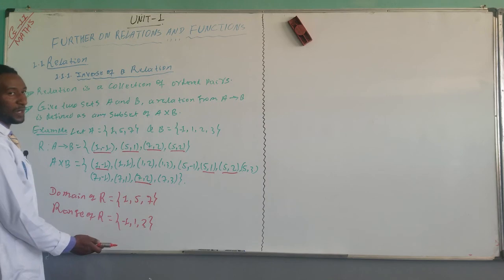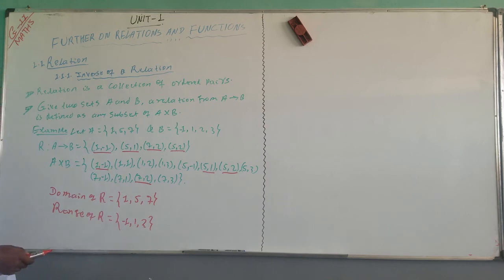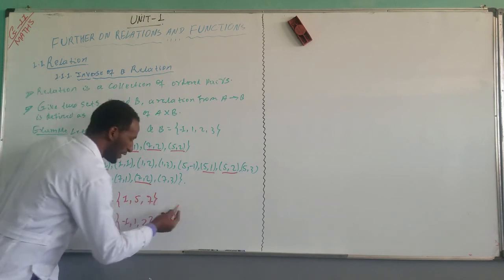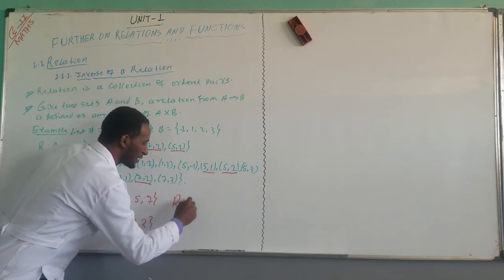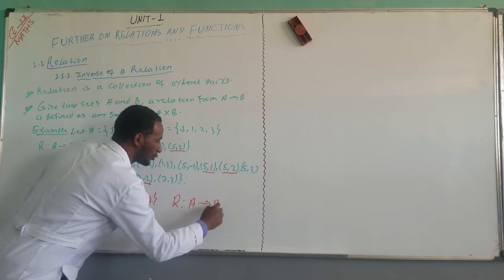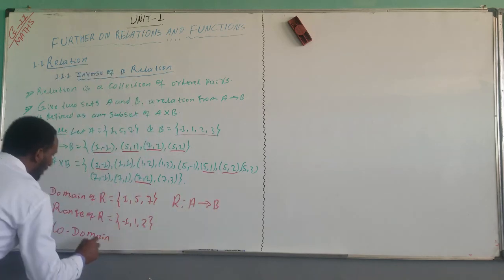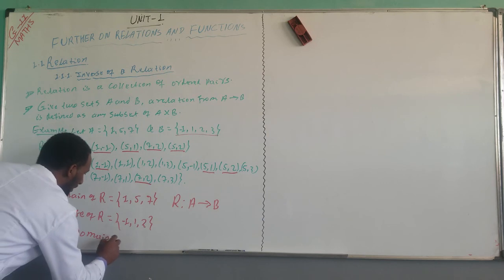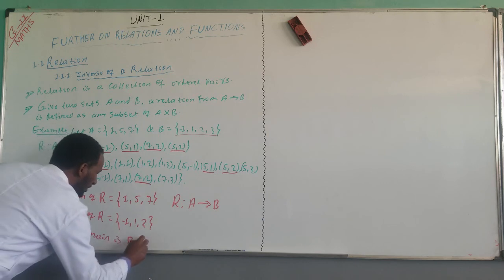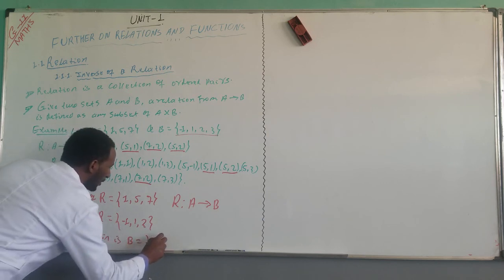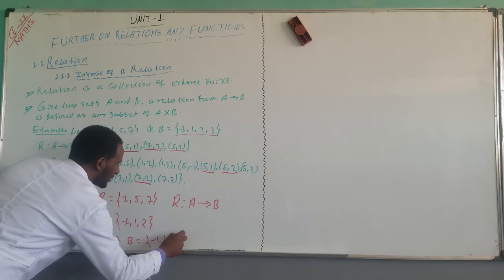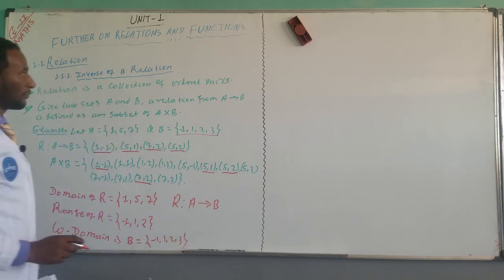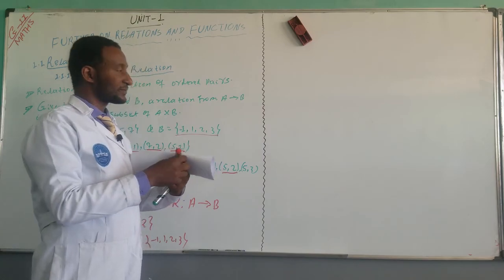Then our range of relation R is this one. When we say R is a relation from A to B, the codomain is B, which is {-1, 1, 2, 3}. This is the codomain of this relation.